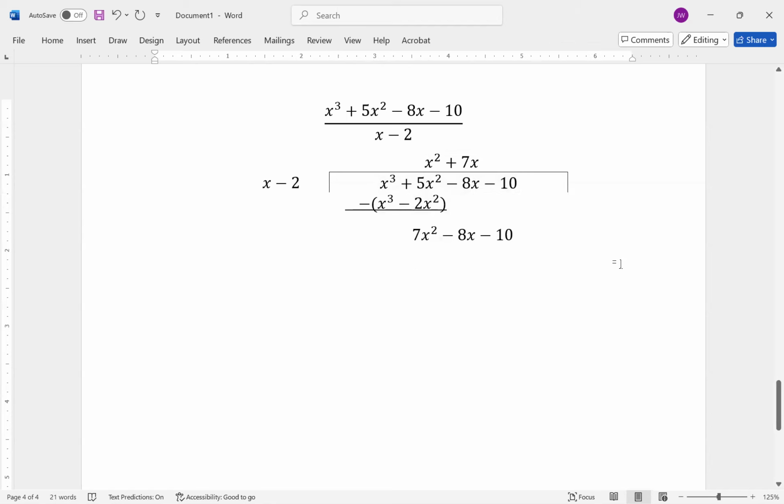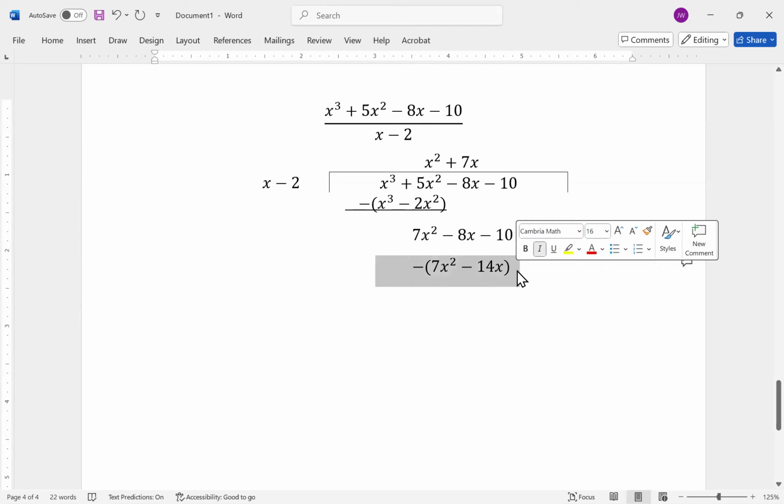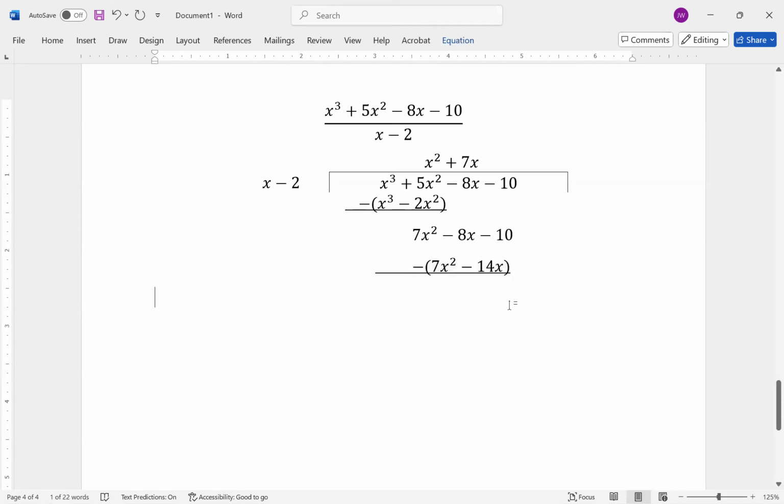If I do that, I get 7x squared minus 14x, and then I'll subtract the whole thing. Again, I'll just underline that to show you what's going on.